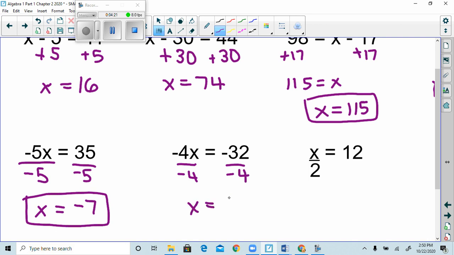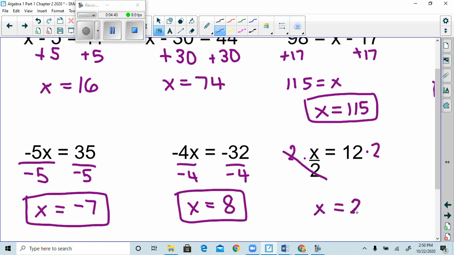I see the signs are the same. It will give me a positive answer. On to the last one on this row. I see a division. I'm going to multiply both sides by 2. That eliminates the numbers on the left, and I get 24.